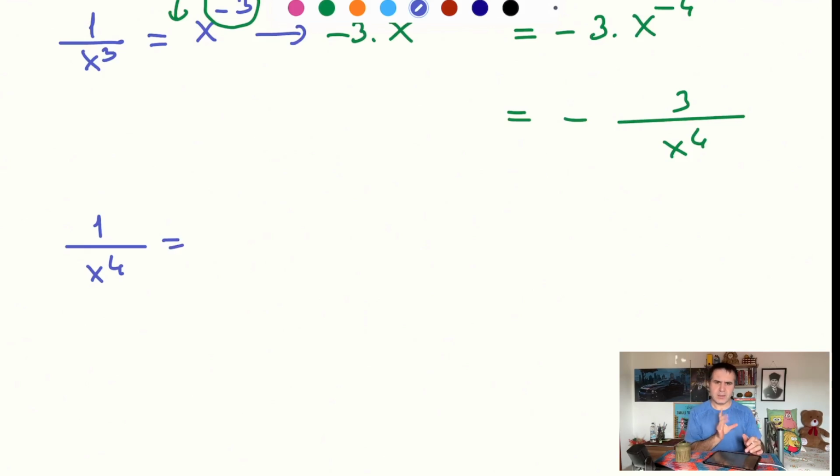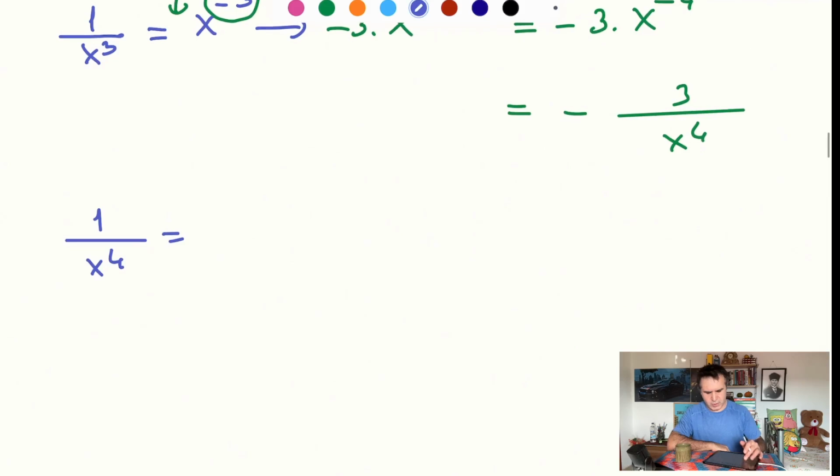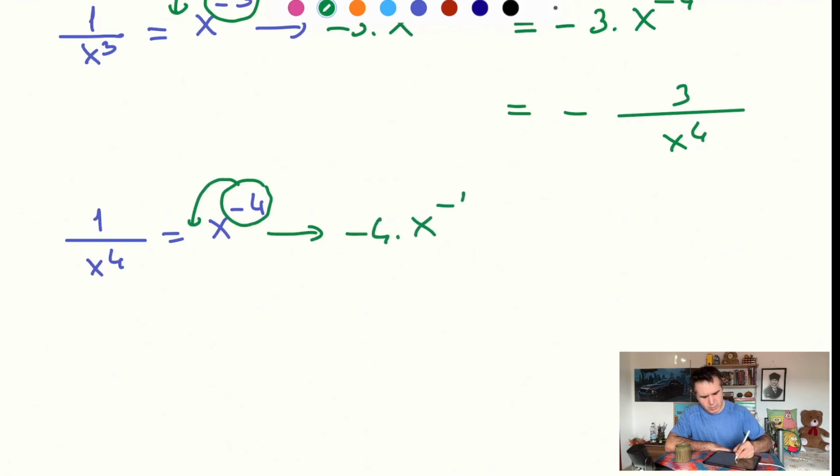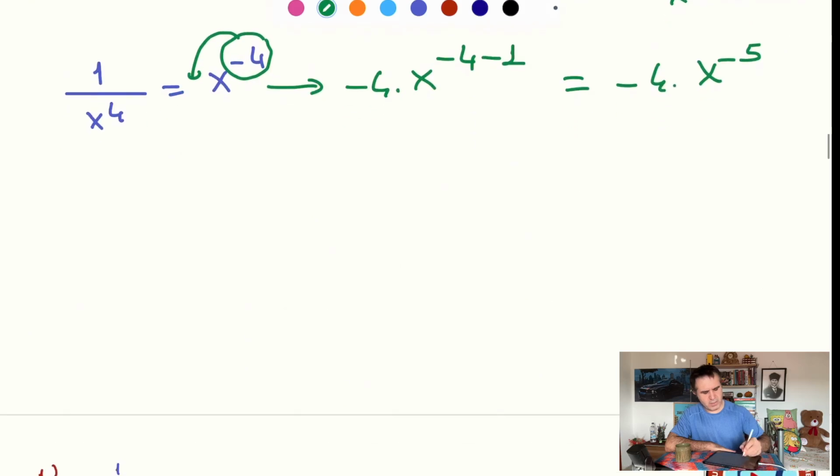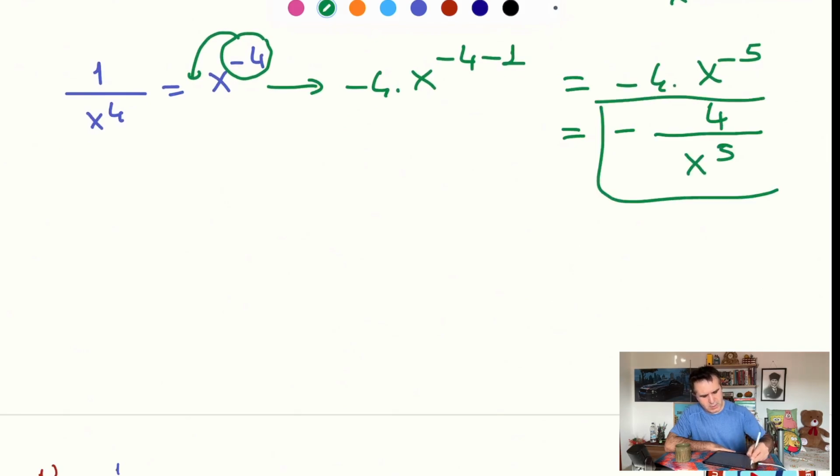We rewrite the function as a power function, and this is equal to x to the power of minus 4, and while taking the derivative, we will take the exponent here as multiplication, minus 4 times x to minus 4, and subtract 1 from the exponent, and this will be equal to minus 4 times x to the power of minus 5, and we can write it as minus 4 over x to the 5, and the derivative is this.